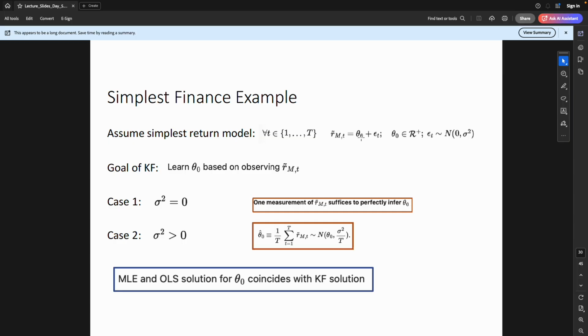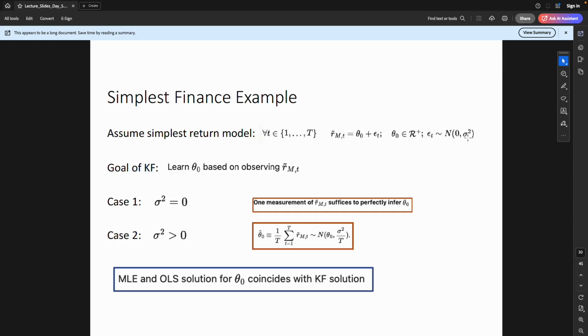And now I want to translate that a bit into the Kalman notation, so you get used to the Kalman notation. In the Kalman filter notation, we want to learn or to filter theta 0 based on observing RMT. Now we have two cases to differentiate. One case is sigma square was 0. Sigma square in the Kalman filter world will be the variance of noise. Yeah?